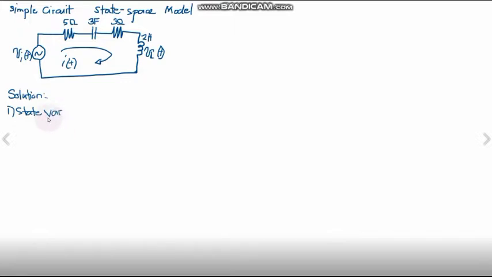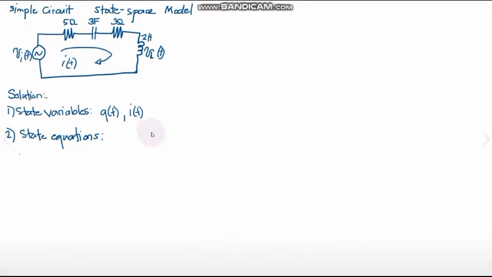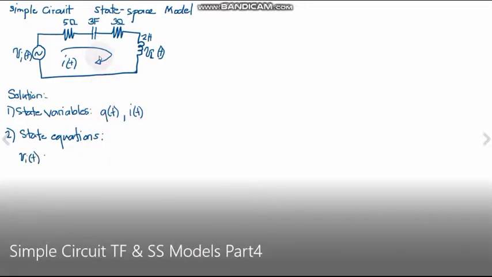In identifying the state variables, we have the option of choosing among the different unknown values of the circuit. Basically, and for simplicity of discussion, let us choose the charge across the capacitor, q(t), and the current within the circuit, i(t), as our state variables.